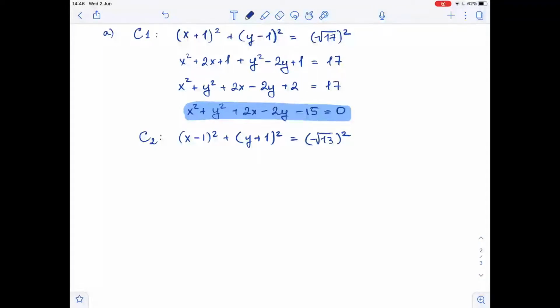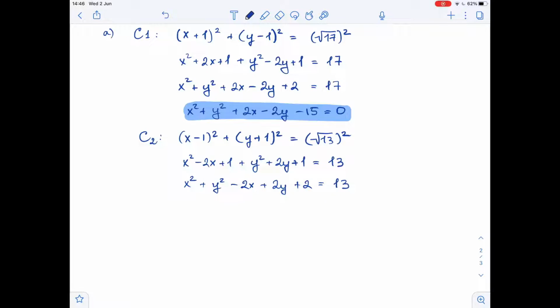So (x - 1)^2 is equal to x^2 - 2x + 1, plus y^2 + 2y + 1, and this whole thing is equal to 13. So this expression is the same thing as x^2 + y^2 - 2x + 2y + 2, and this is equal to 13.